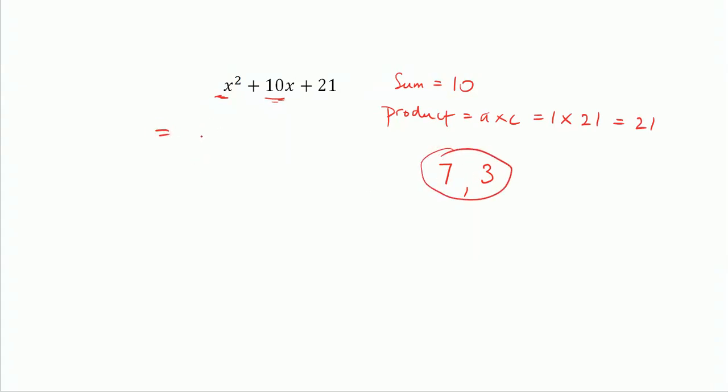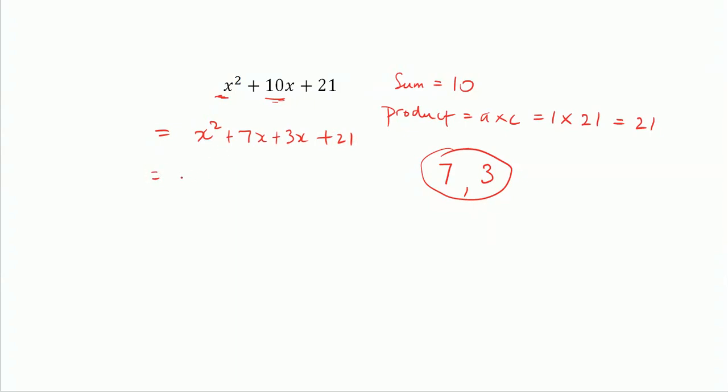Right, so our next step is to replace the middle term. So x squared plus 7x plus 3x plus 21. Then we are factorizing by grouping.